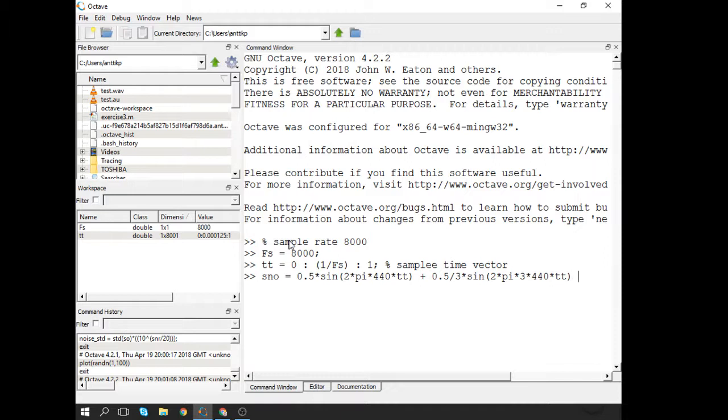All right, but I want also some noise, 0.1. Okay, I'll just leave it like that. Add some noise to it, SNO plus 0.1 times randn of size of t. I have so big font that it doesn't fit into one.